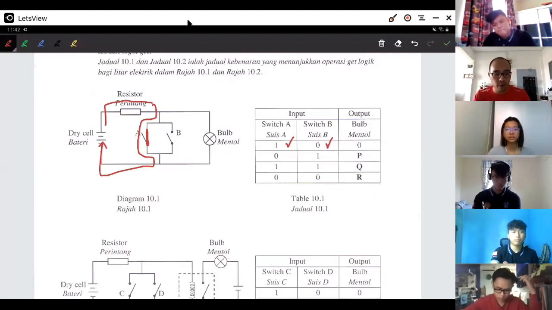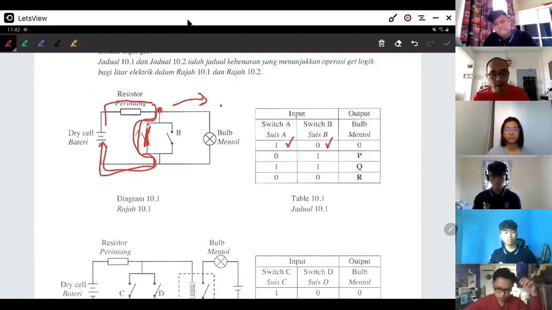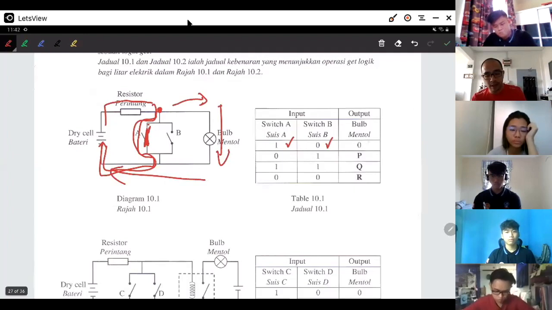If you give the current a choice, he wouldn't want to go through here. It must come through here, because he wants to take the shortcut. Why would it take one whole round, go through the bulb and then come back here? No need to do this. So because of that, the bulb will be 0, because there's no current flowing through the bulb, because the current just takes the path of the A switch.